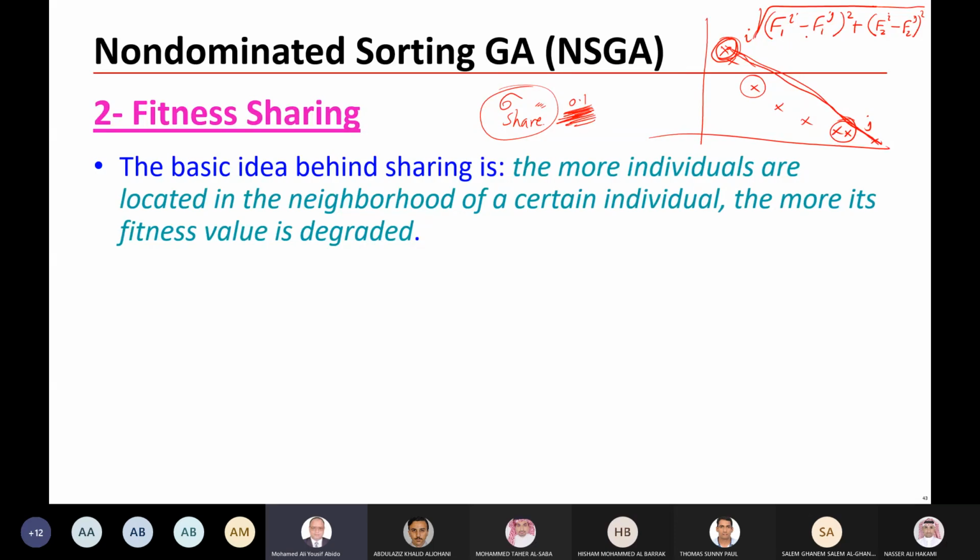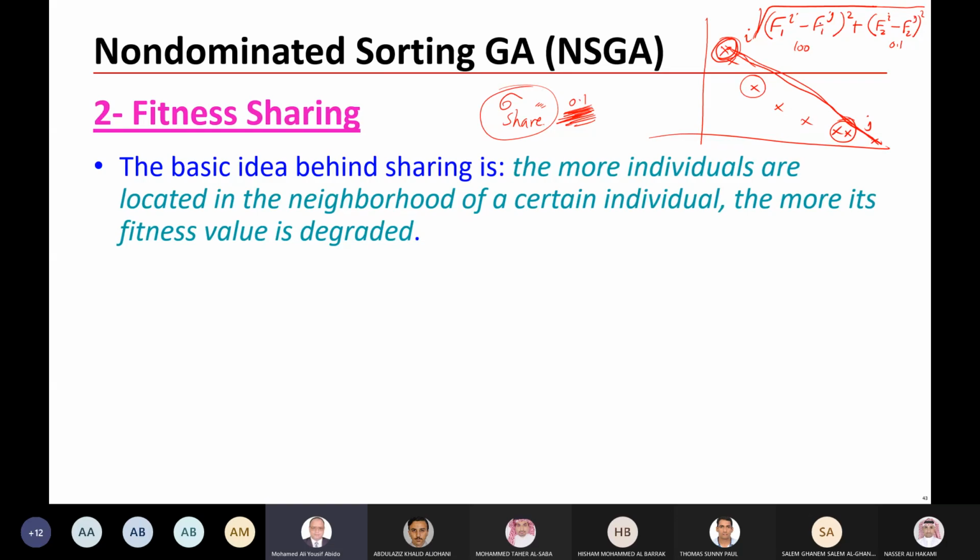Maybe the difference here is in hundreds, and the difference here is a very small value, in the order of 0.1. So you cannot add 100 to 0.1 and get the distance. You have to normalize, and you know how to normalize.